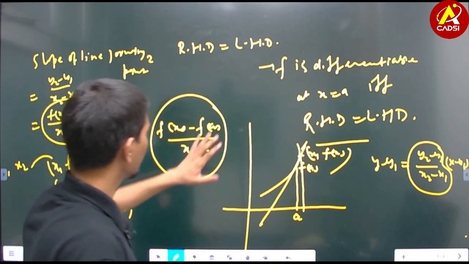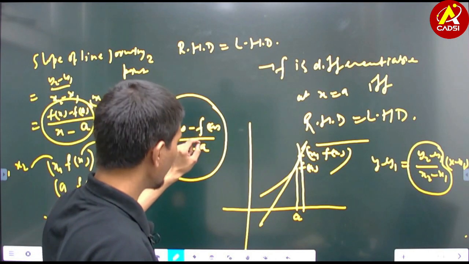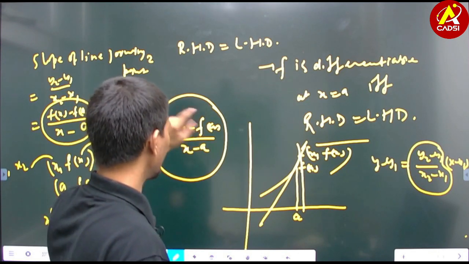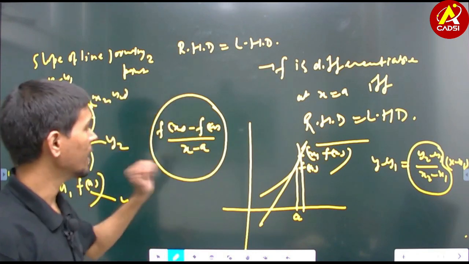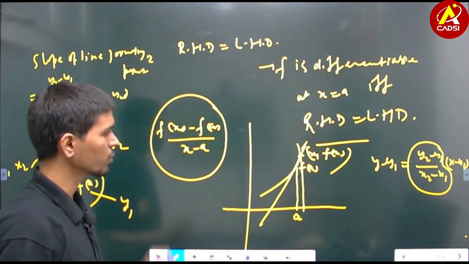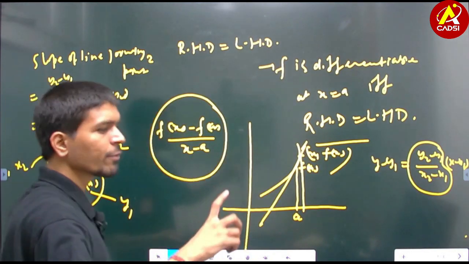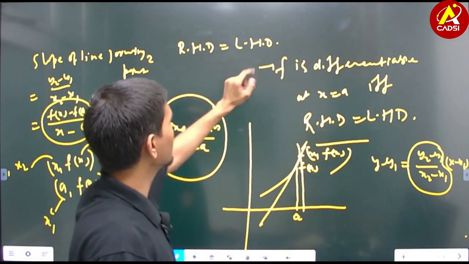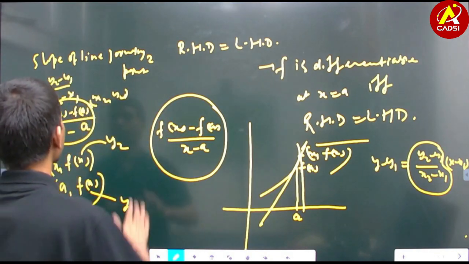This is the derivative of the function at x equals a, in other words the slope of the tangent at the point x equals a. But the condition of differentiability is that the right hand derivative and the left hand derivative should be the same.